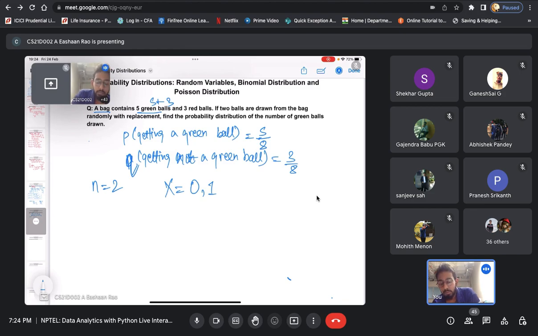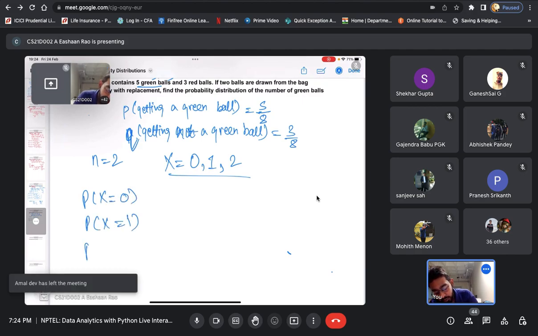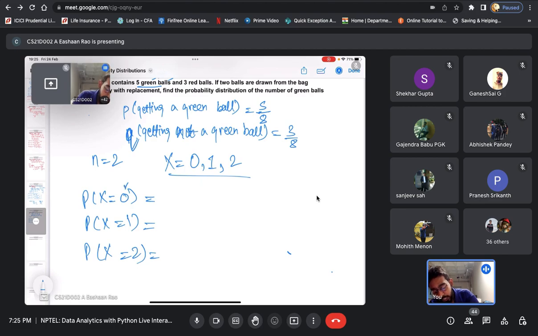There's a chance that 1 ball might be green. And there's a chance that both balls are green. So the probability I need to calculate is for x equal to 0, 1, and 2. That is based on the number of green balls that I might get with each draw.